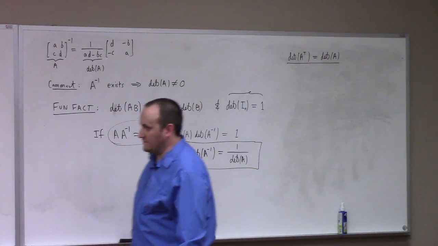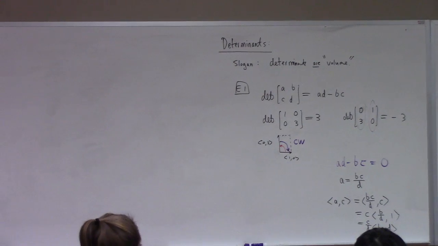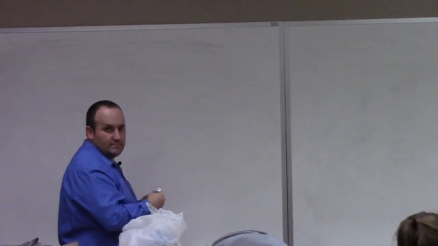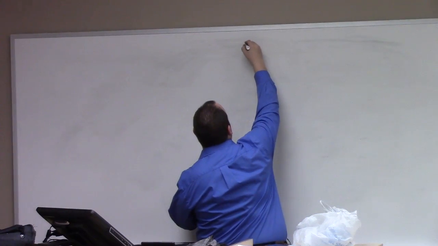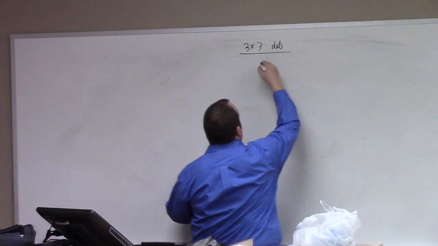Again, to actually prove that. So, I said you can calculate the determinant for an n by n matrix, right? I just showed you 2 by 2. How do we do 3 by 3? So here we go.